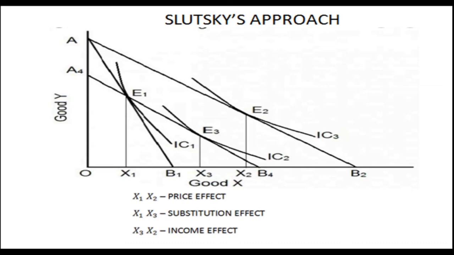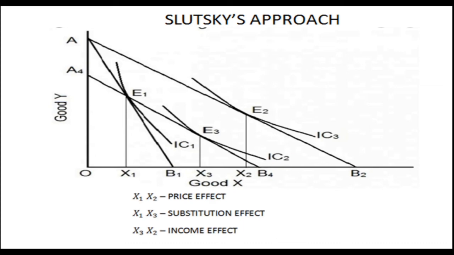So E1 is the initial equilibrium point where the consumer is able to purchase OX1 of good X and E1X1 of good Y. But suppose the price of good Y remains constant. If the price of good X declines, then the budget line will take a new form.